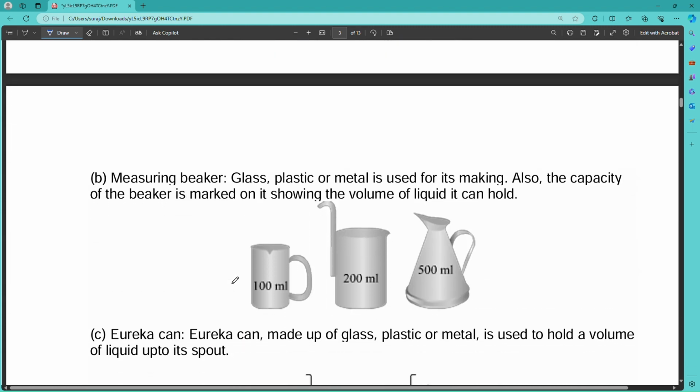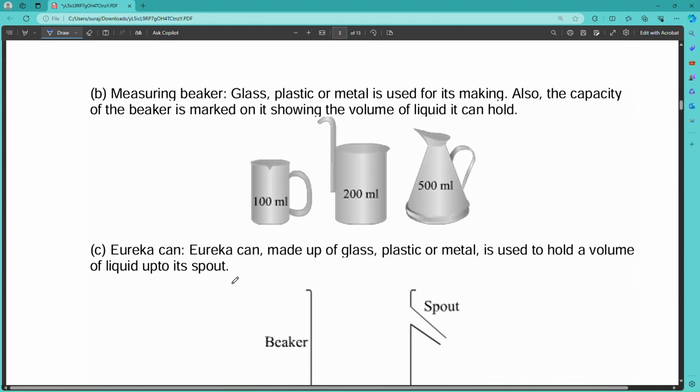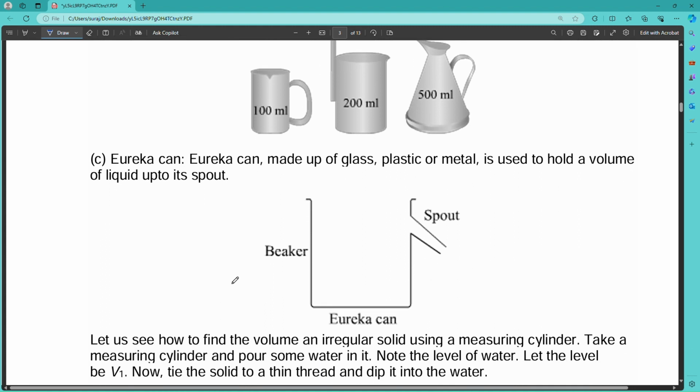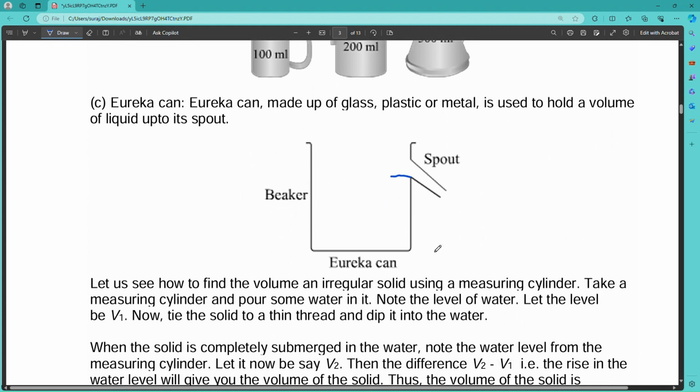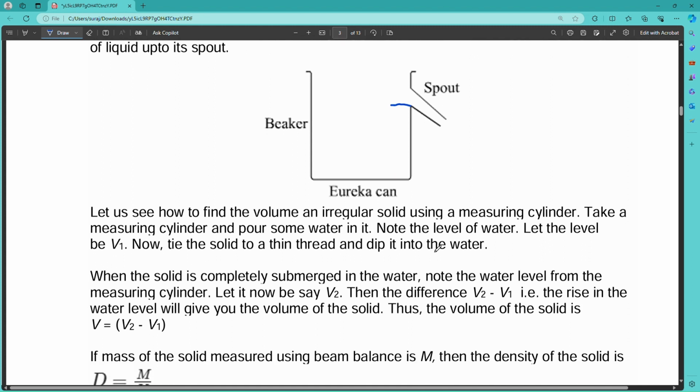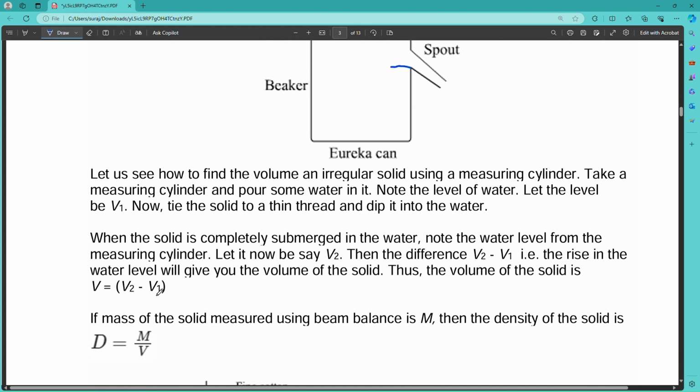We can also use a measuring beaker, and another is the eureka can. In the eureka can, the can is filled up to this level, and whenever we drop an object in it, the amount of water or liquid released is the volume of that particular object. It is simply given by volume equals V2 minus V1.